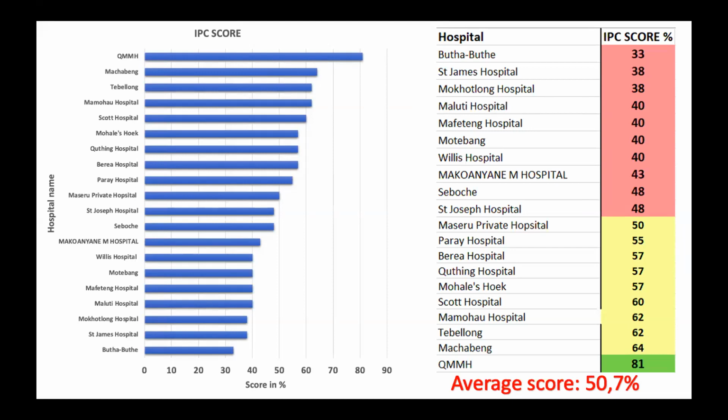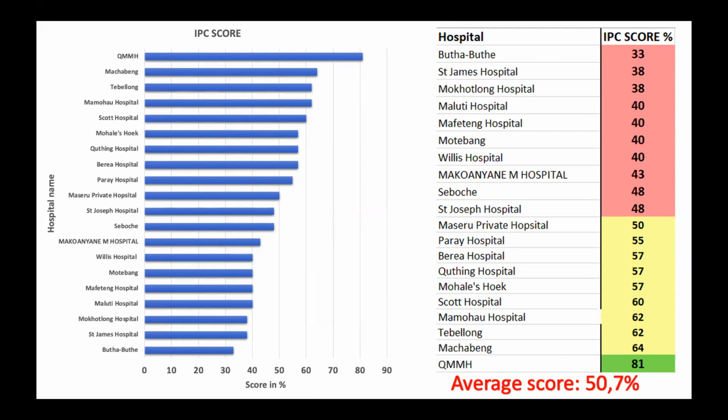Most of our other hospitals scored average, which was between 50 to 75, and this needs to be followed up at least 3 times a week. We only had one facility, which is our National Referral Hospital, which scored an adequate score of 81%.